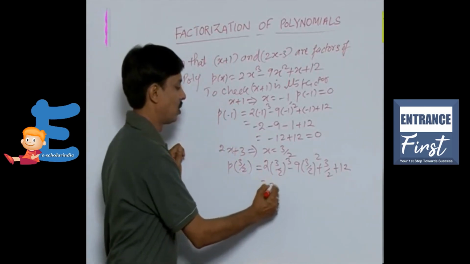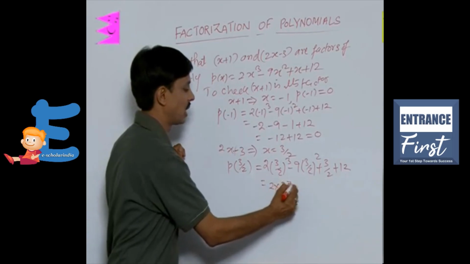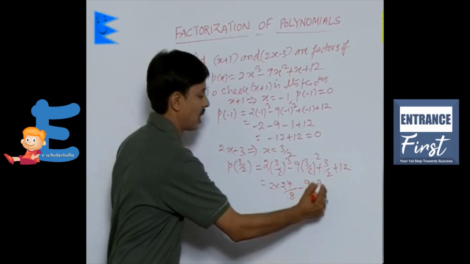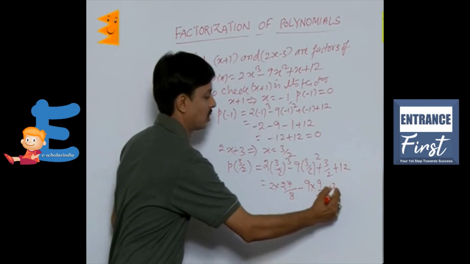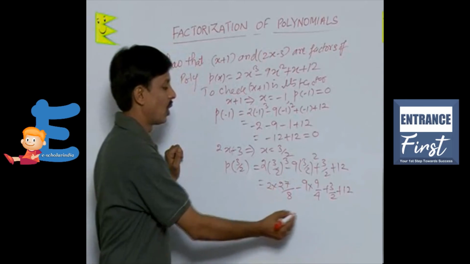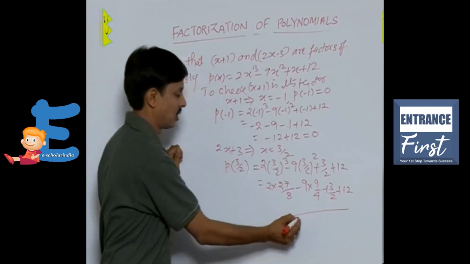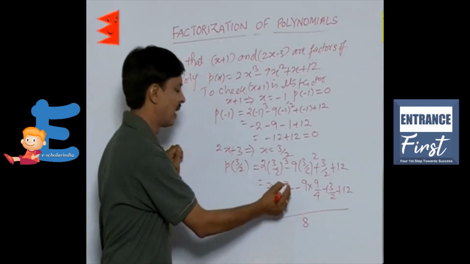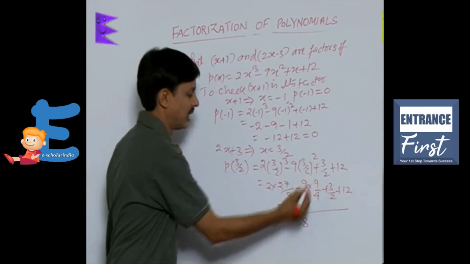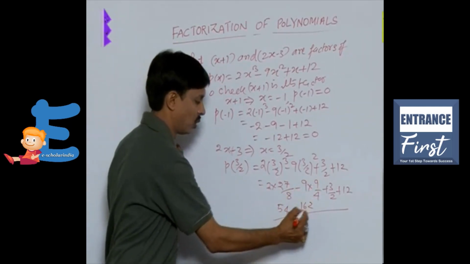This becomes 2 into 27 by 8 minus 9 into 9 by 4 plus 3 by 2 plus 12. So if I solve it by taking LCM as 8, I will find it is 54. Then minus 9 nines are 81, into 2 is 162.